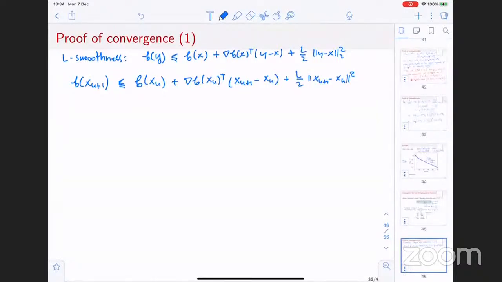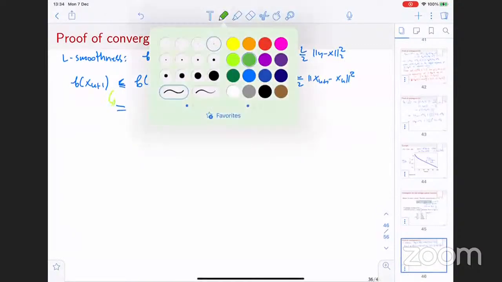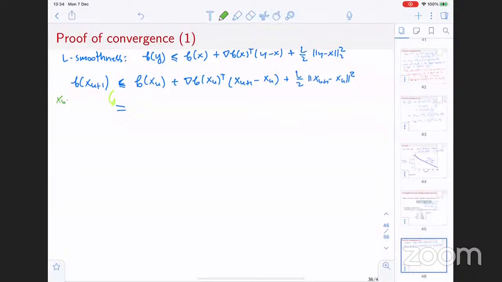Now I know that xk plus 1 minus xk is equal to minus tk times the gradient of f at xk. In fact, I know that tk is 1 over L, so it is minus 1 over L times the gradient of f at xk.